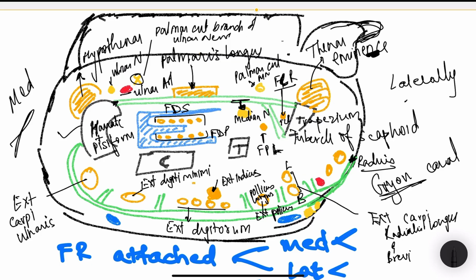Alright. Then the last two muscles that we see over this aspect, right? The last two muscles that we see here are the other muscles called extensor pollicis brevis.